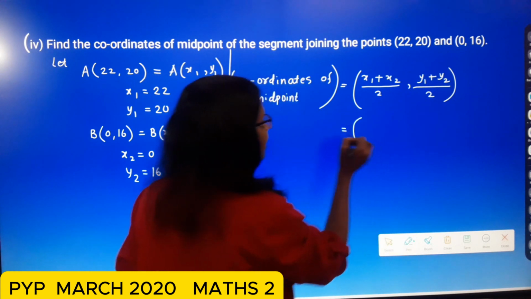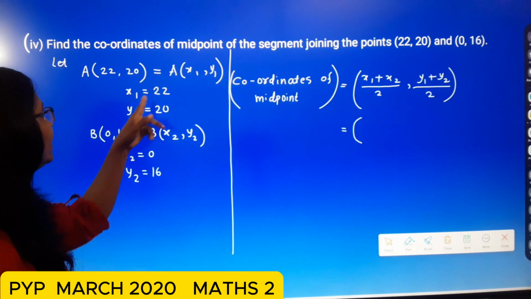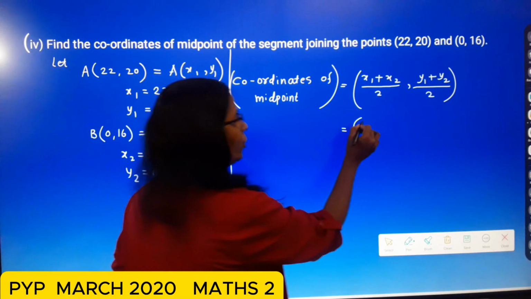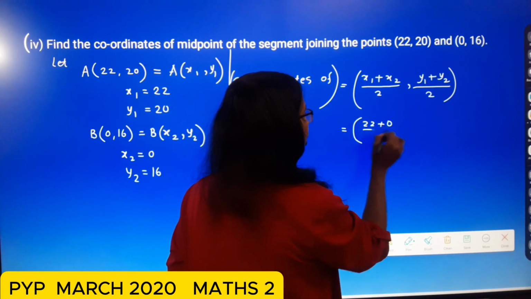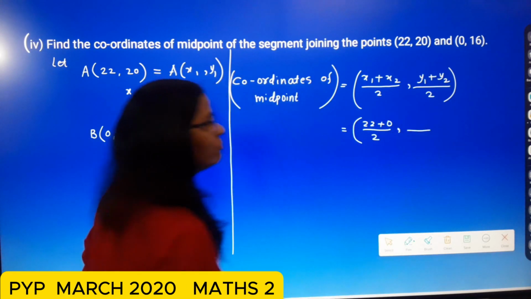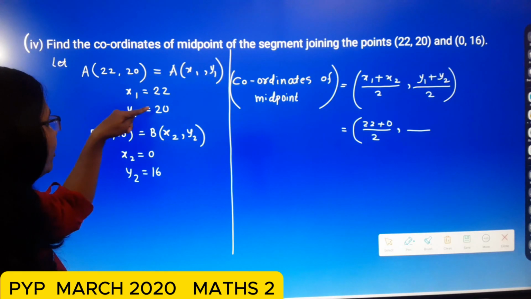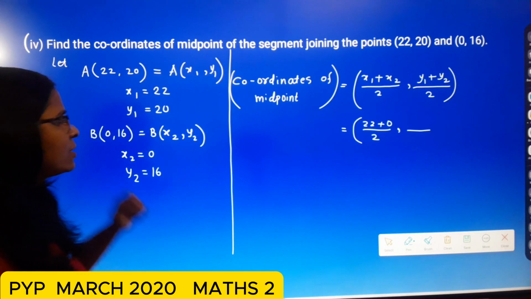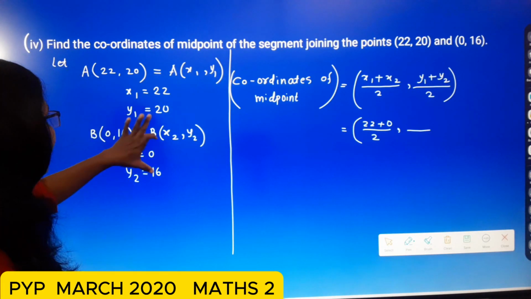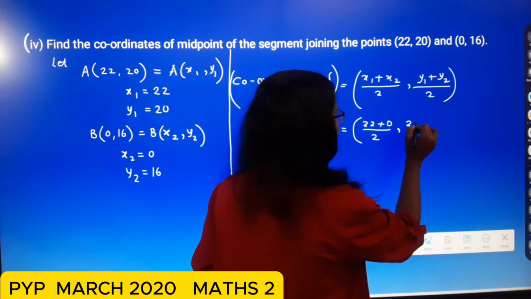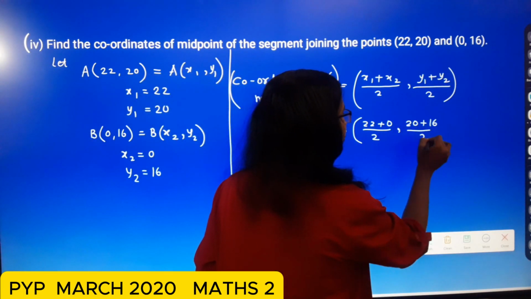So x1 plus x2 is 22 plus 0 upon 2, comma y1 plus y2 is 20 plus 16 upon 2.